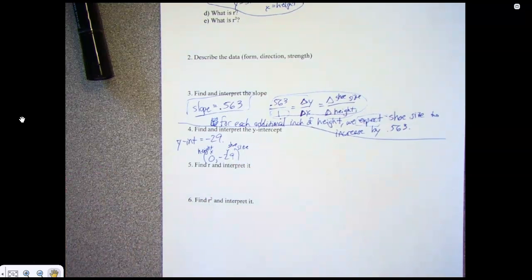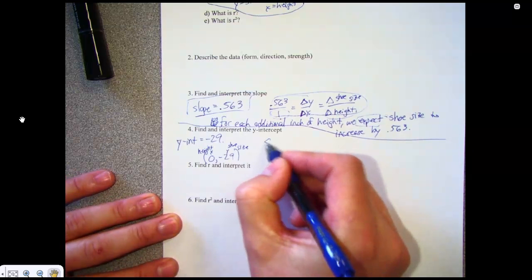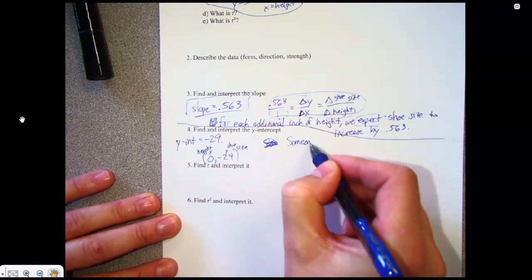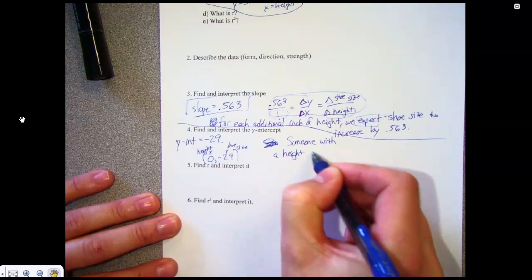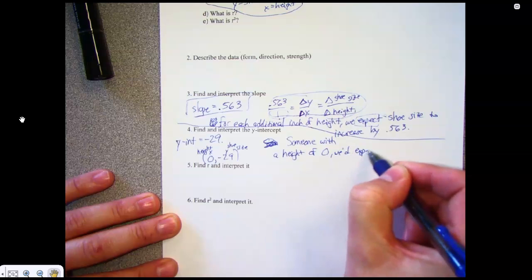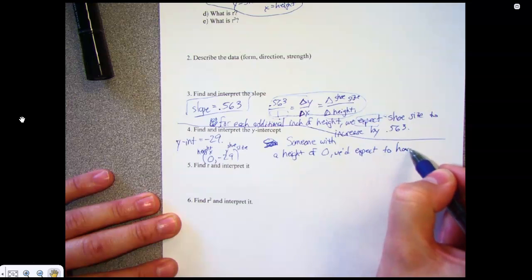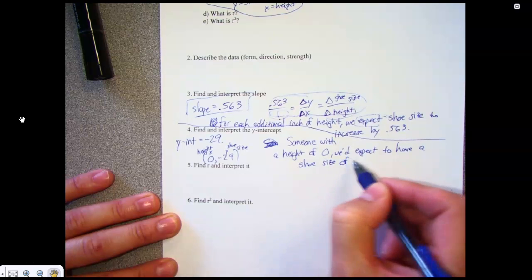But again, it's an expectation. It's what we predict. And some of these make no sense. This one makes no sense. This could never happen. But we could still be asked to interpret it. So what we would say here is, someone with a height of 0, this is terrible grammar, just ignore that, we'd expect to have a shoe size of negative 29.